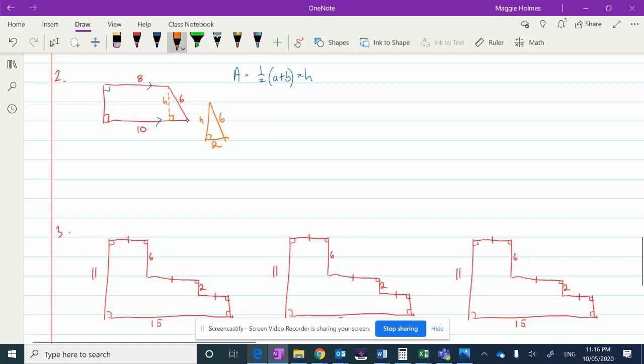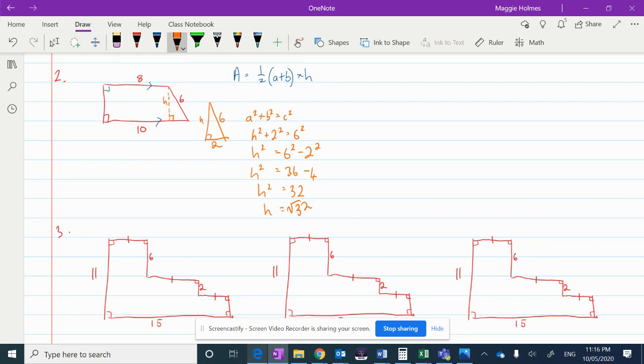Set up our Pythagoras. A squared plus B squared equals C squared. H squared plus 2 squared equals 6 squared. H squared equals 6 squared minus 2 squared. H squared equals 36 minus 4. H squared equals 32. H is root 32. We're going to presume 2 decimal places.